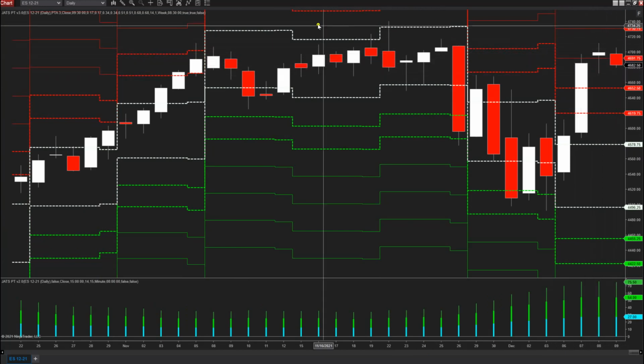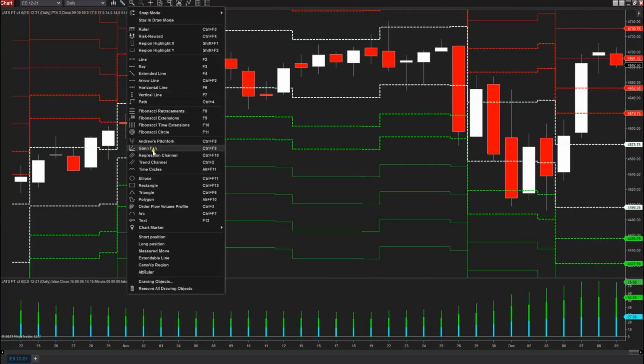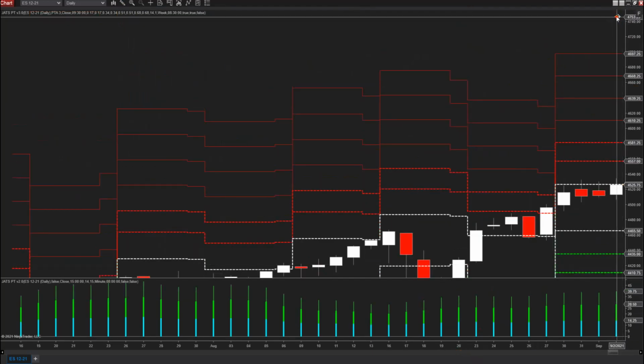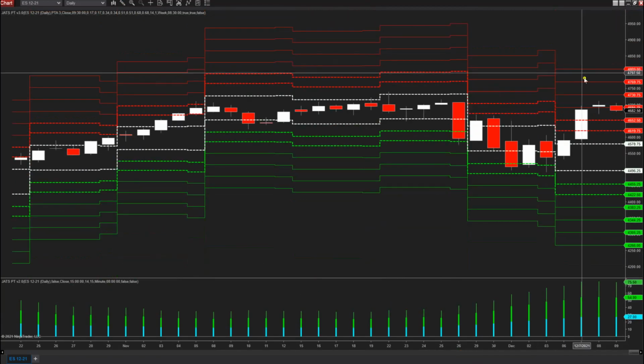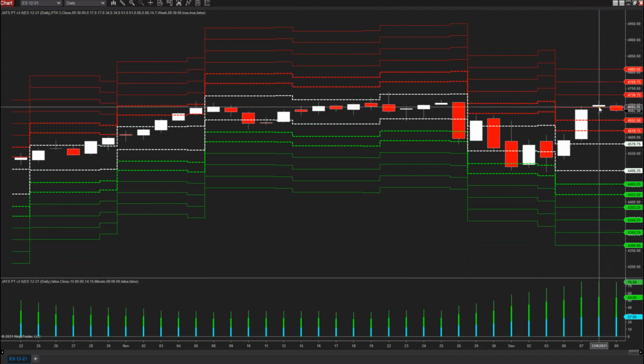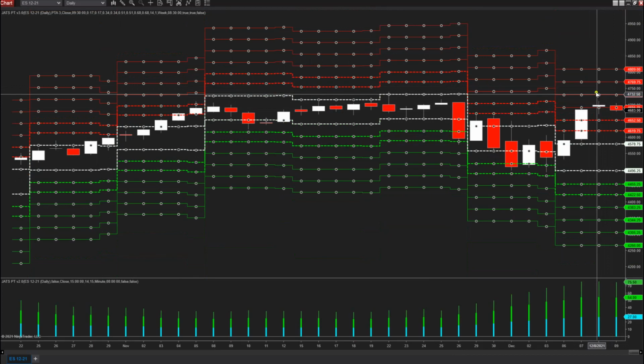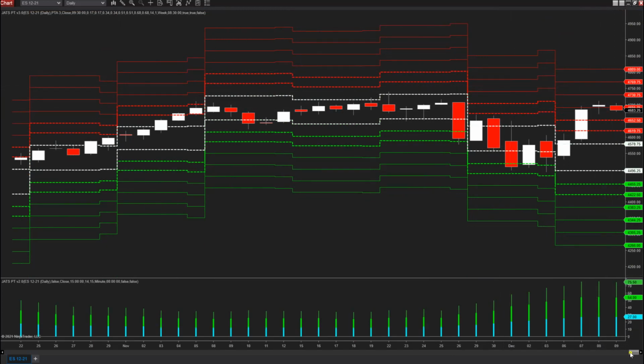So we've got our weekly set up on the upper tail on the weekly. So if we look throughout history to see if it ever got to the third fib or higher on a weekly, let's go look real quick.